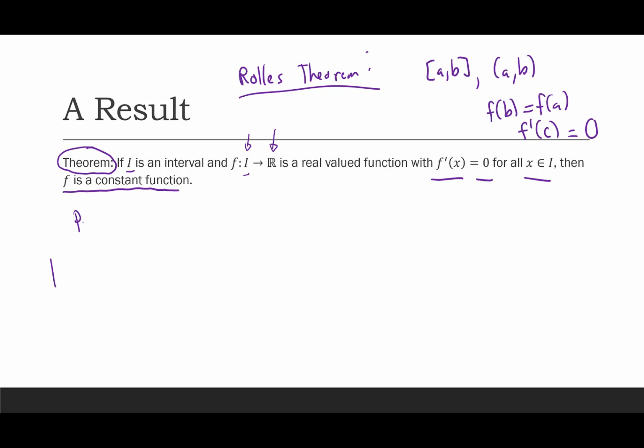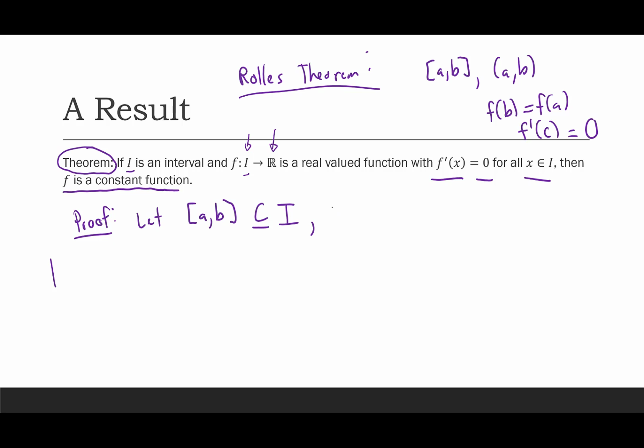Now, why is that true? Well, let's give a little proof of this. Proof. Let a and b, this interval, be contained in I. I is some kind of open interval. We can always find a closed interval [a, b] that lives in there.